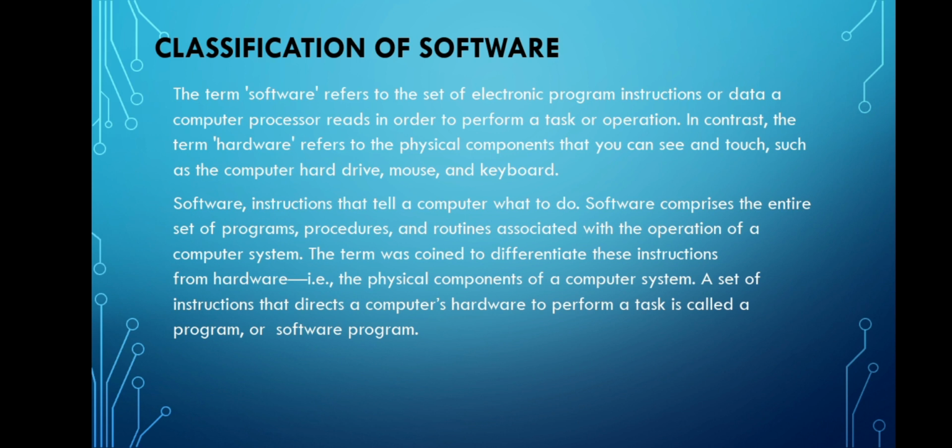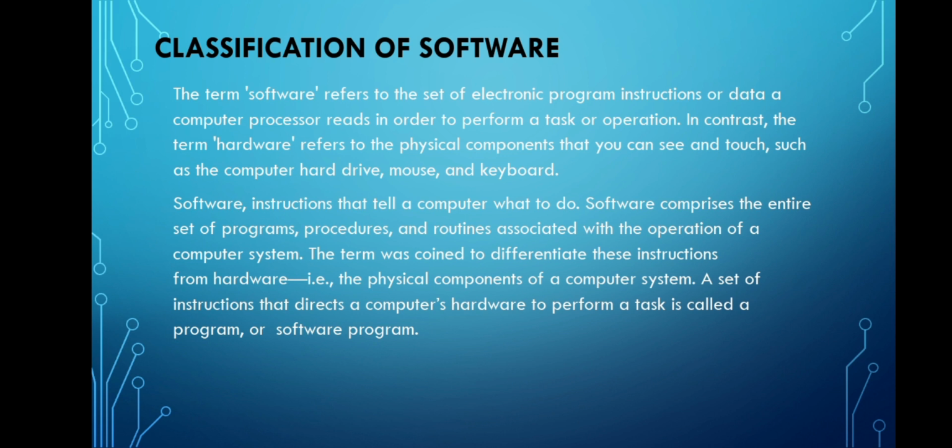Classification of software. The term software refers to the set of electronic program instructions or data a computer processor reads in order to perform a task or operation. In contrast, the term hardware refers to the physical components that you can see and touch, such as the computer hard drive, mouse, and keyboard. Software is instructions that tell a computer what to do.